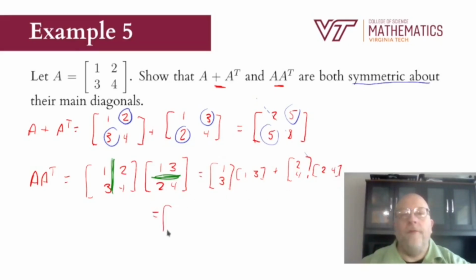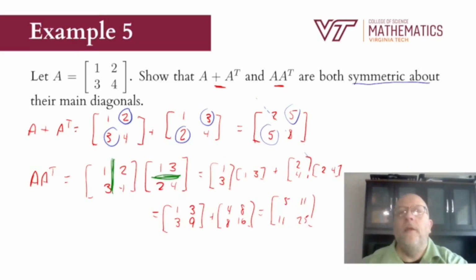And that gets us 1, 3 times 1 is 1, 3. 1, 3 times 3 is 3, 9. 2, 4 times 2 is 4, 8. 2, 4 times 4 is 8, 16. And so when we add them together, we get 5, 11, 11, and 25. And once again, this matrix is symmetric about the diagonal. On either side, the two numbers are the same.